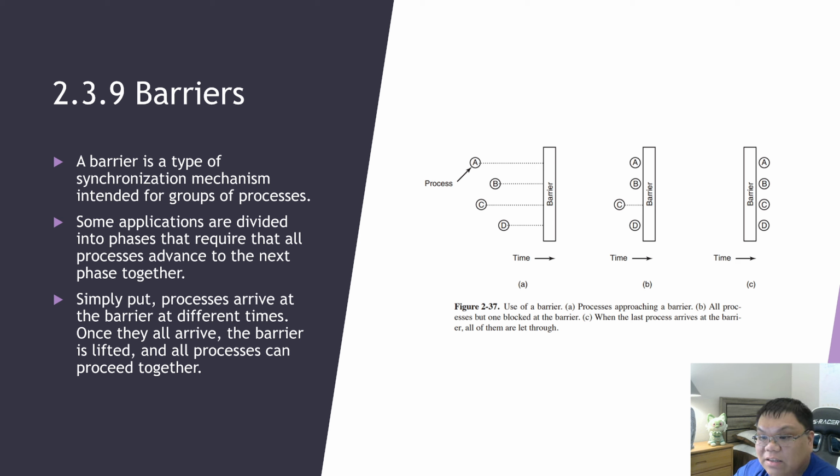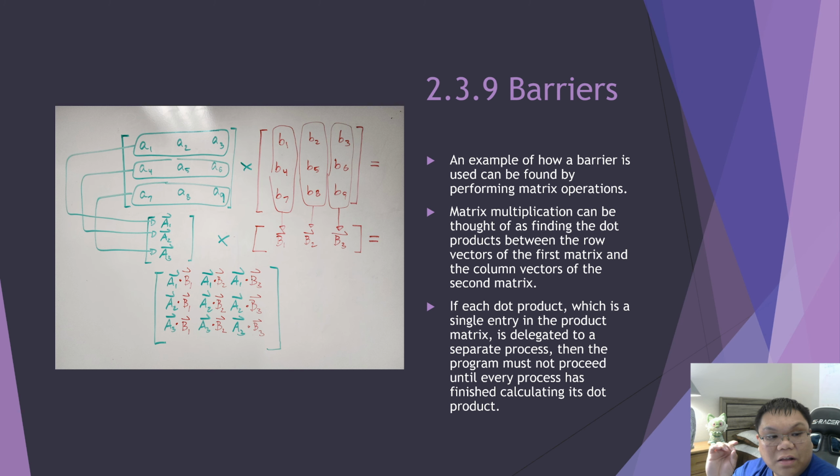Some applications are divided into phases that require processes advancing to the next phase together. So that's what a barrier is for. An example of that can be found in, say, matrix operations. If you remember how matrix multiplication works, it might be one of the biggest headaches you may have gone through.